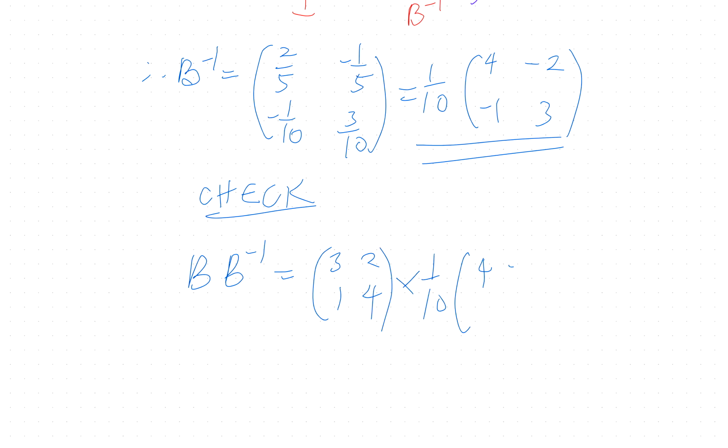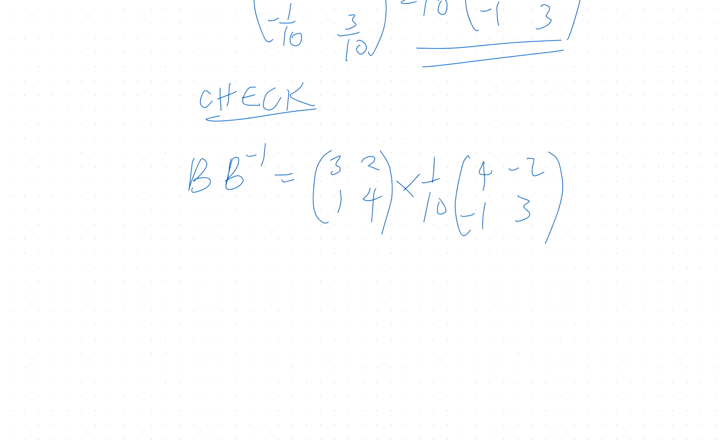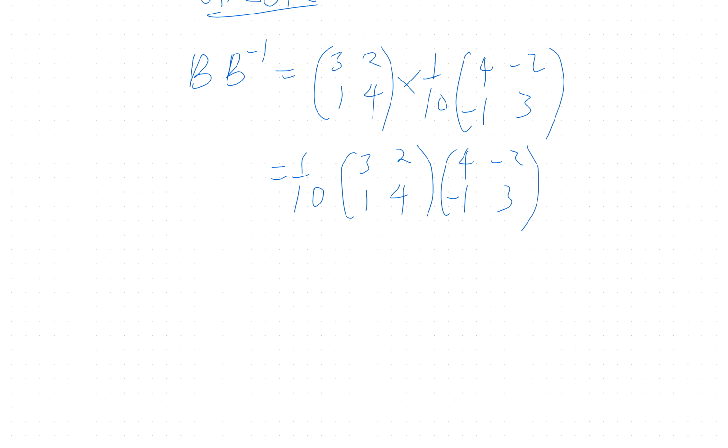Okay? So let's see that. We have 1 over 10 out here, and then 3, 2, 1, 4 into 4, minus 2, minus 1, 3. You know the method I taught you for multiplying things out.